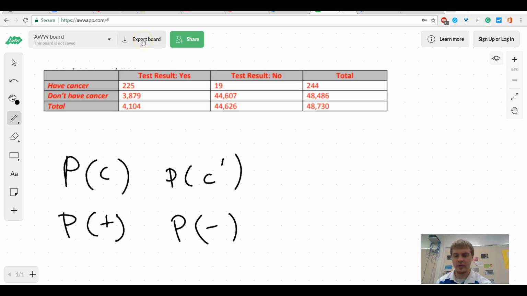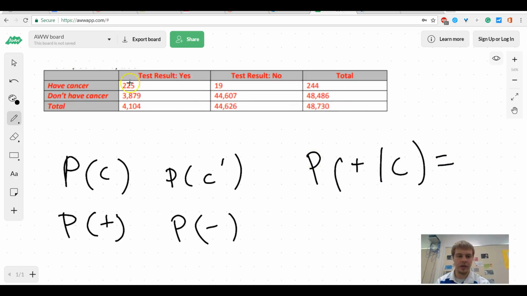So here's the first one I want to do. I want to figure out the probability that you have tested positive for cancer and you actually have cancer. So given that we know that you have cancer, what's the probability that you test positive?